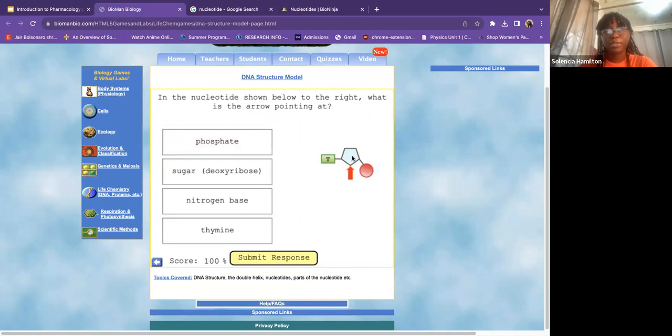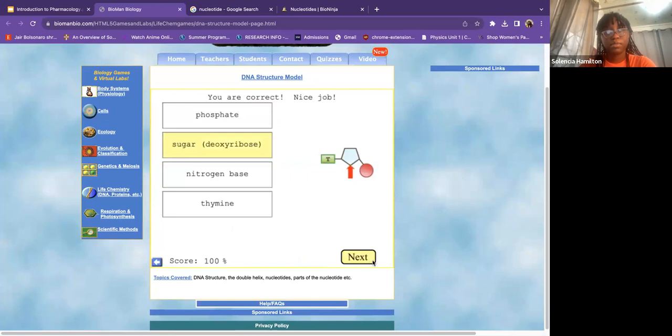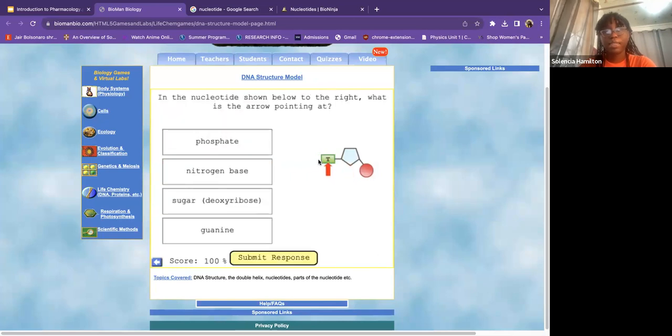Now we're pointing to the pentagon. Sugar. And the last one, the rectangle. Yeah, a nitrogen base. And there's 4 different nitrogen bases.